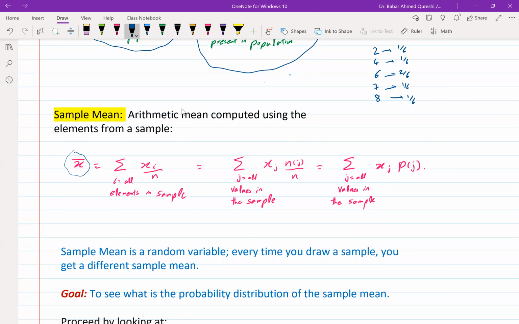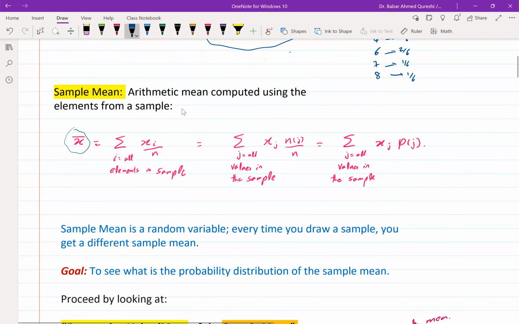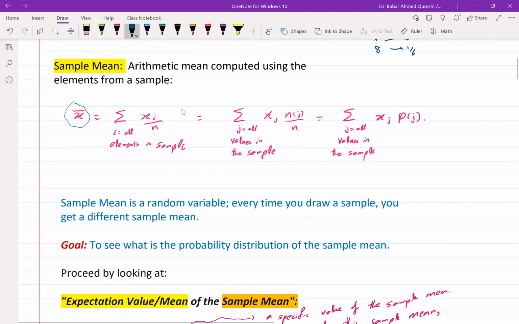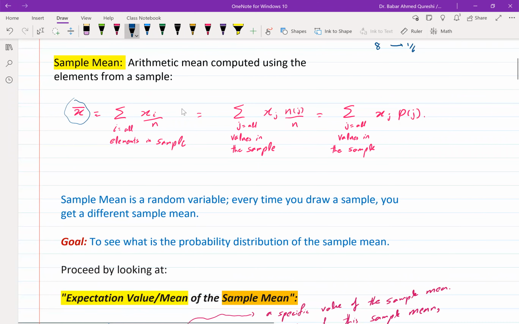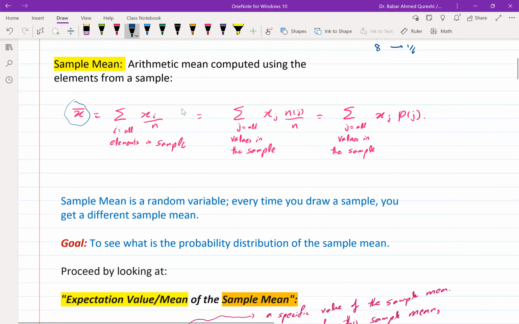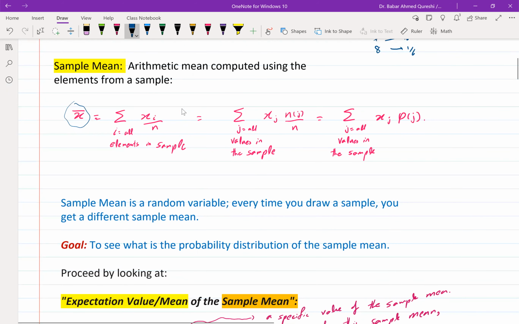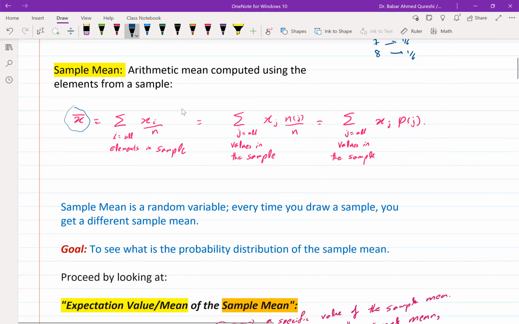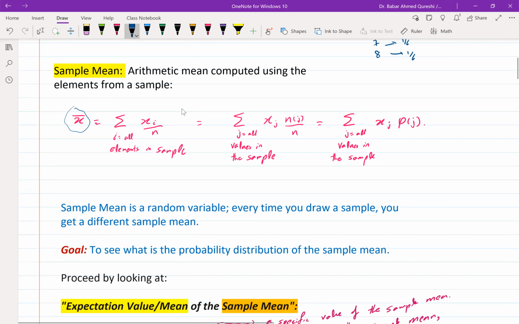You can compute this. This is the sample mean, and the sample mean is a random variable. Every time you draw a sample, you get a different sample mean. So the goal is to see what is the probability distribution of the sample mean.